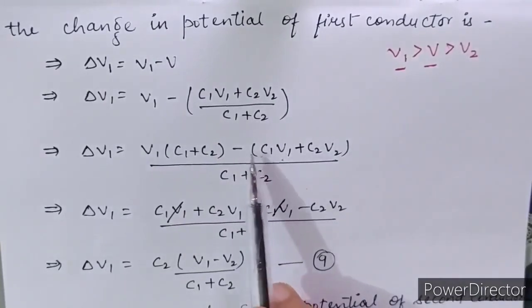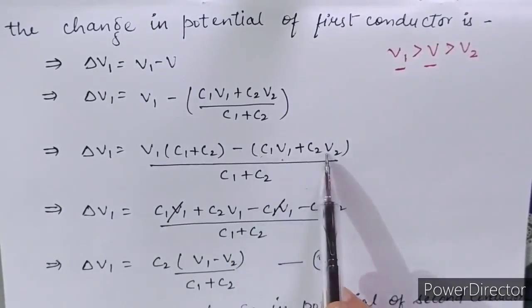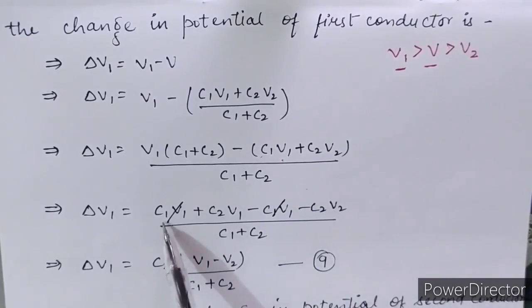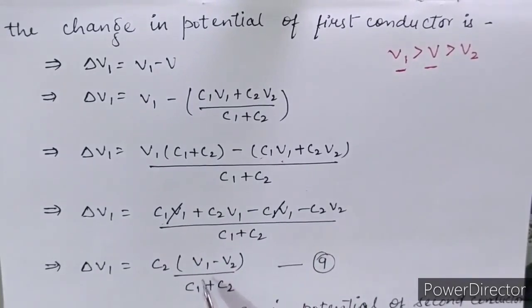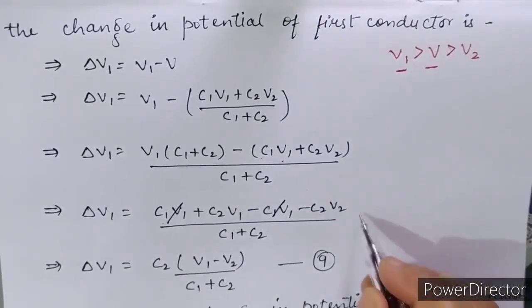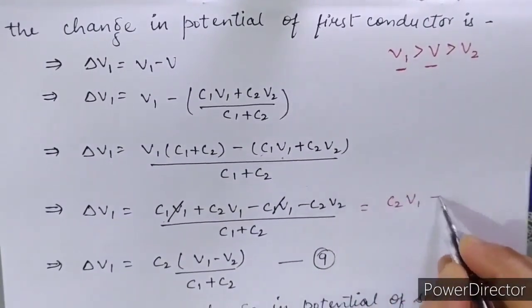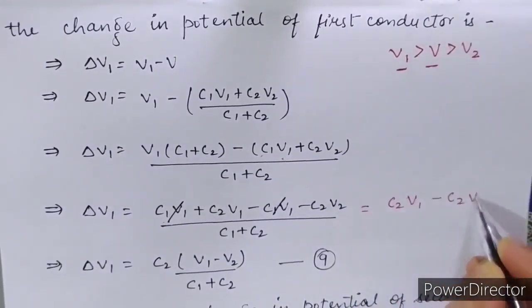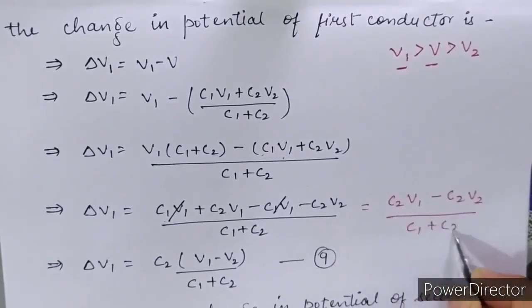Again open the bracket, multiplying by the minus sign: minus C1V1 minus C2V2. C1V1 and minus C1V1 cancel out. In the last we get C2V1 minus C2V2 divided by C1 plus C2.